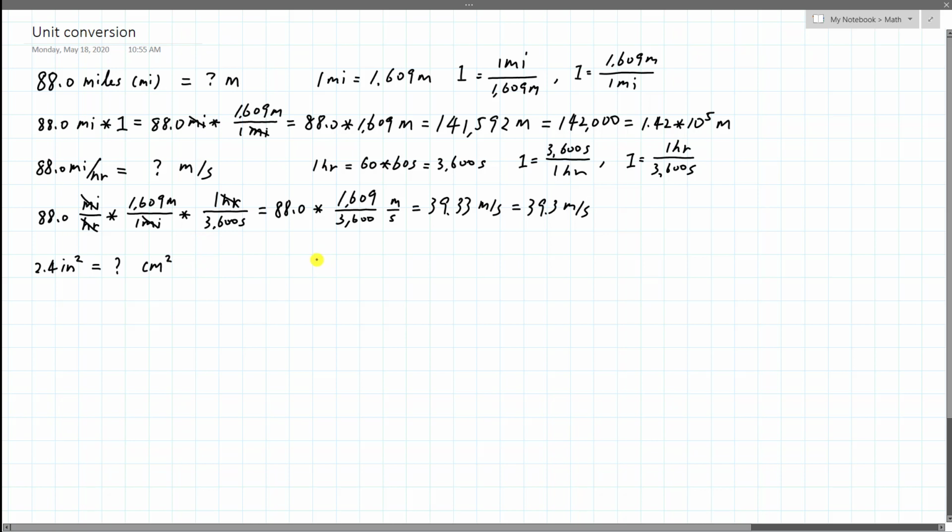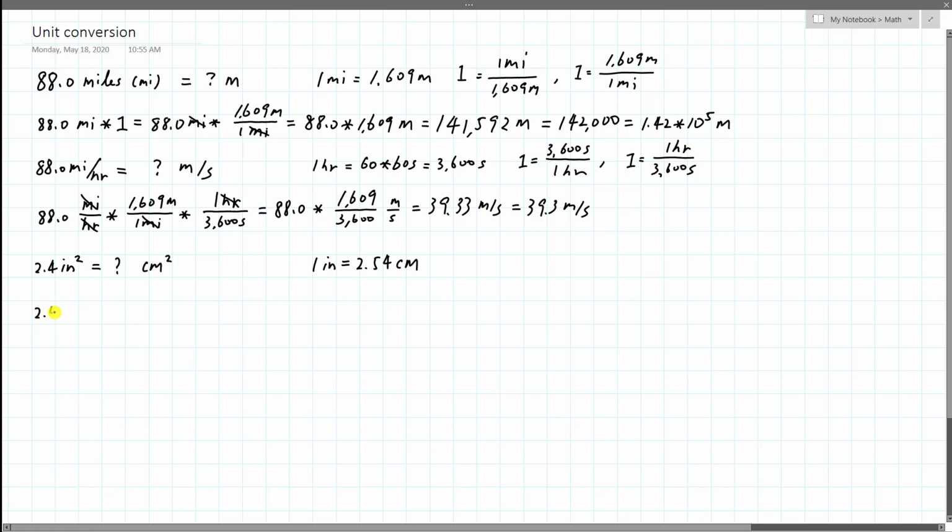So first I want to give you 1 inch in centimeters, 2.54 centimeters. All right, and how do we do this? Do we just multiply this by that? Not really, because we have square of an inch. If you treat the inch as a variable, we have a square of it. We have to get rid of it 2 times, not just once.